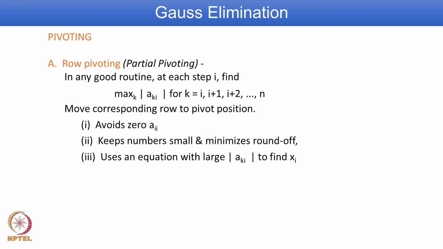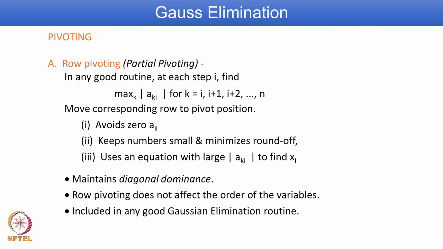It avoids any 0 element, because you are finding the maximum value and 0 is automatically avoided, and that helps to avoid the dividing by 0 error, and it keeps numbers small and minimizes round off error, and it uses an equation with large element value to find x i.